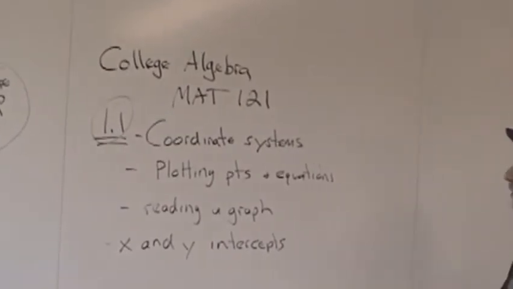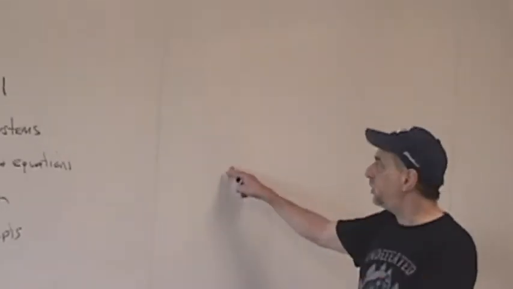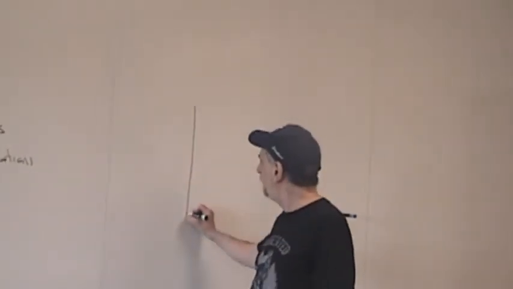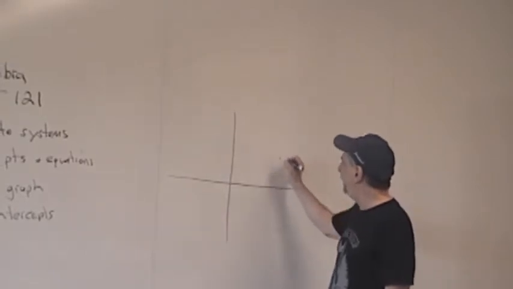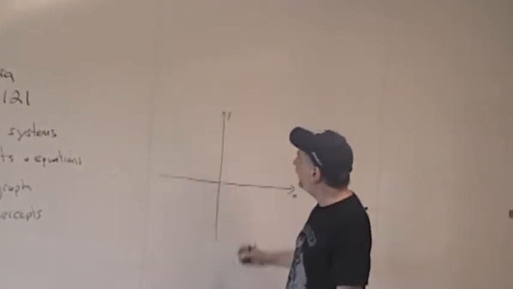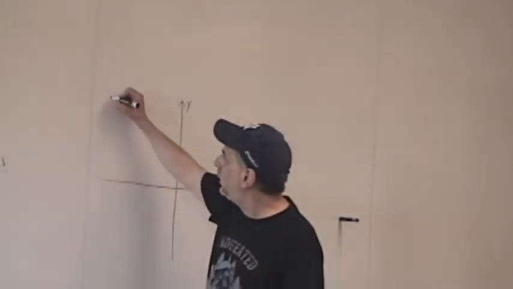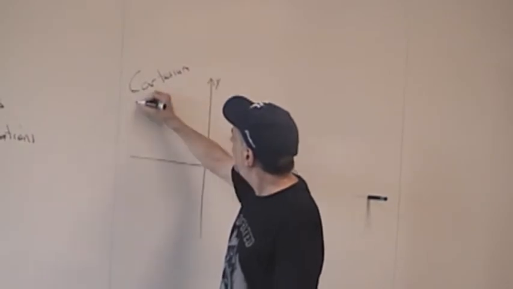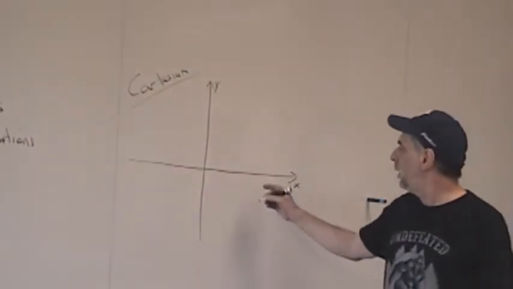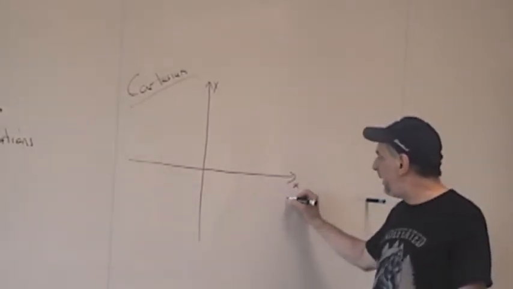All right, so hopefully coming into a college math class, we've all seen this two-dimensional coordinate system. We call this the Cartesian coordinate system. X values are called independent variables.